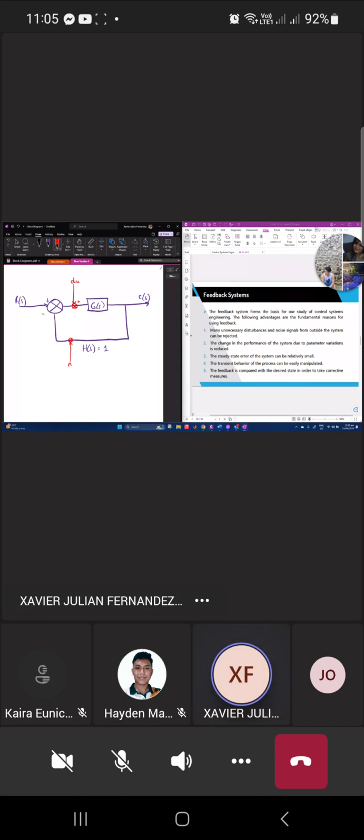That C of S is fed back again to the system. But if your feedback system is introduced with noise, the noise appears until it goes to the summing junction.